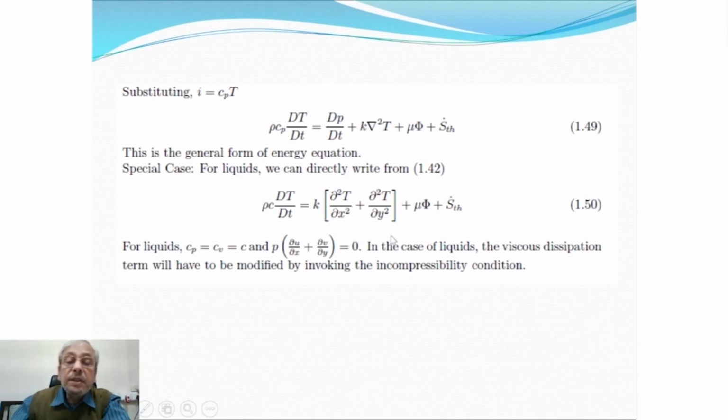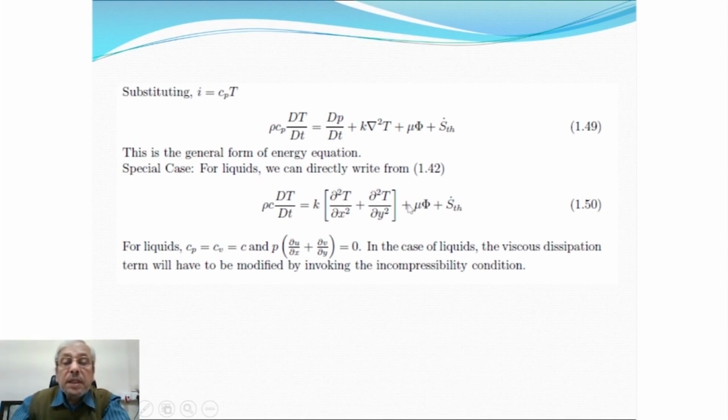So this is then rho times the total derivative of temperature. That means this is basically del T/del t plus u del T/del x plus v del T/del y, and in 3 dimensions w del T/del z.